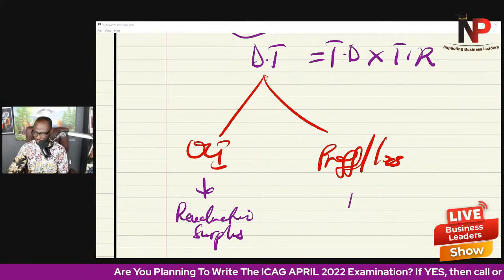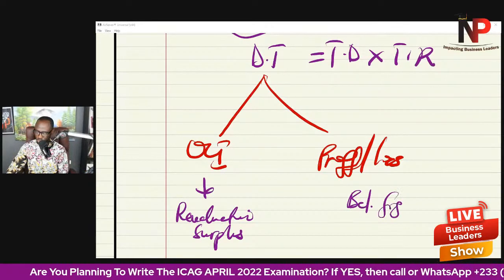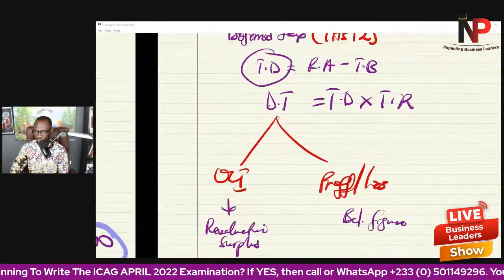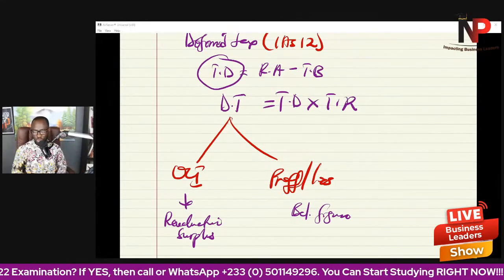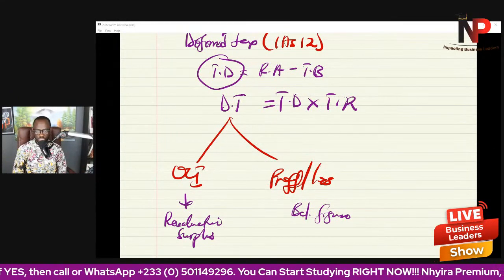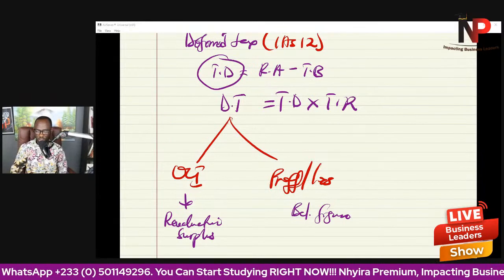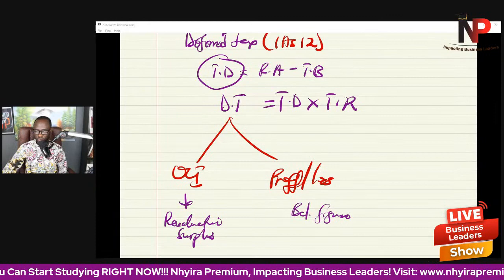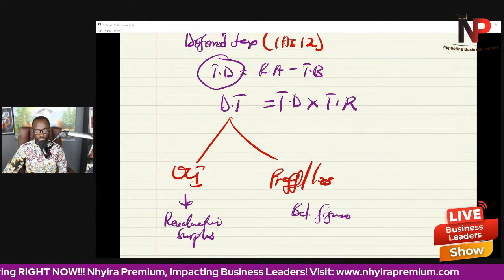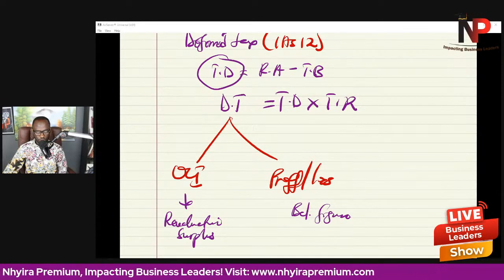Then the balancing figure is what goes to the P&L account. Like I said, when we do IAS 12, we can bring the knowledge together. So Richmond, the question you asked, that is the breakdown of what you're going to be doing. Let me know if that makes sense for you, Richmond.